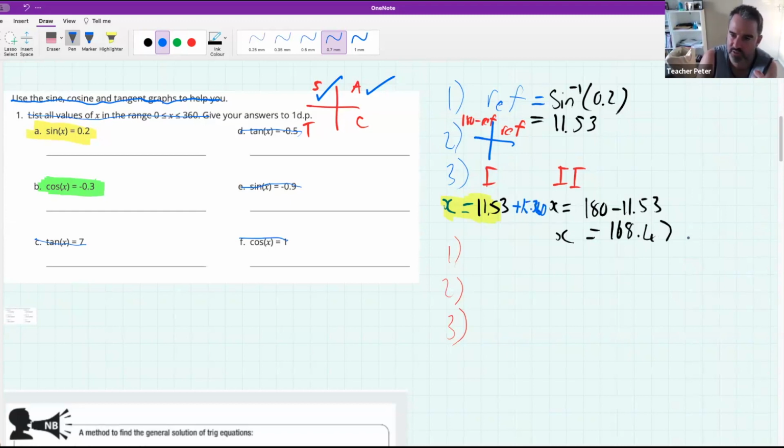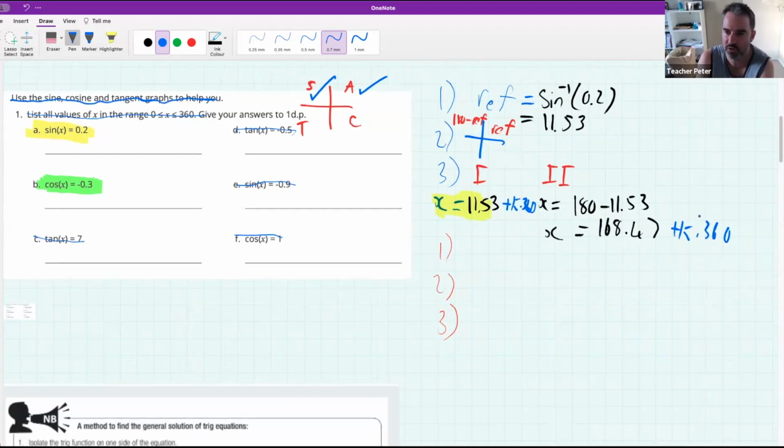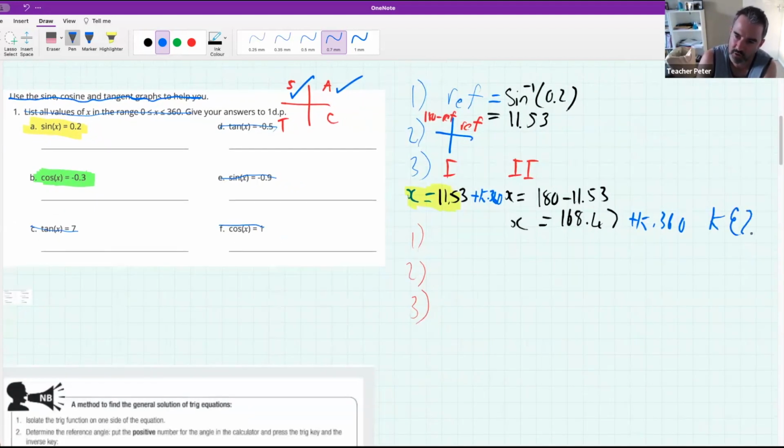So k times 360 for this, and k times 360 for that. And then you also need to describe what k is. So my two answers are x is 11.53 plus k times 360, and the other answer is x is 168.47 plus k times 360, where k is an element of the integers.